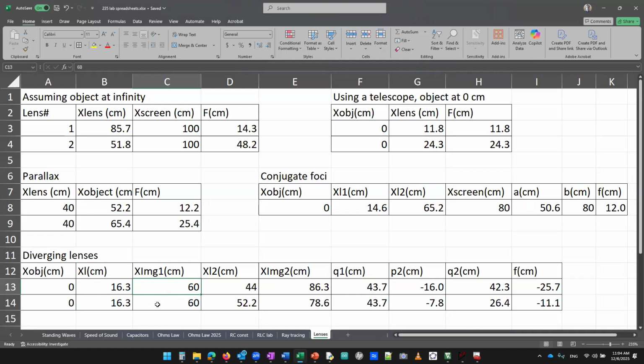Let me say this is the one with the shorter focal length. That means a less thick lens, but it minifies more. This one has very thick edges, but it minifies a little less. It doesn't really minify as much.